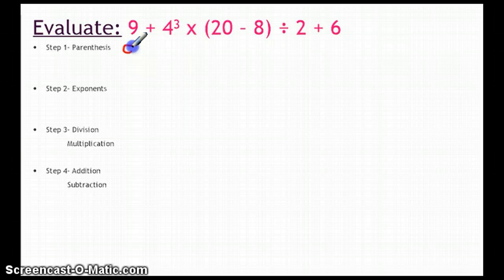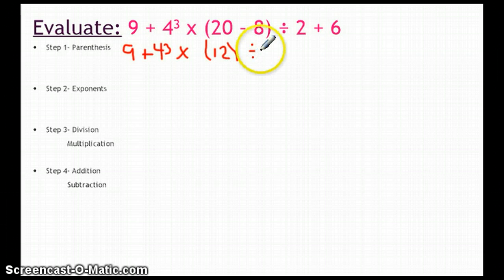So let's rewrite this. 9 plus 4 to the third times 20 minus 8, we get 12. Divided by 2 plus 6.